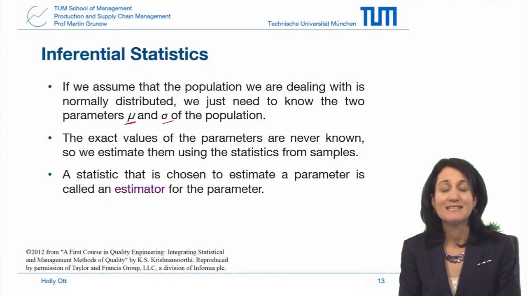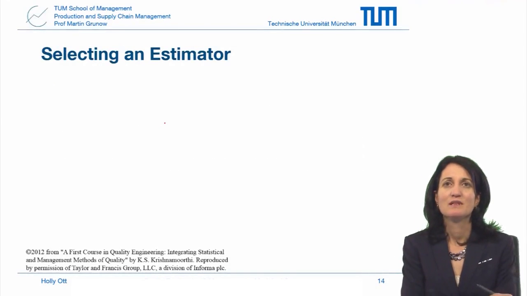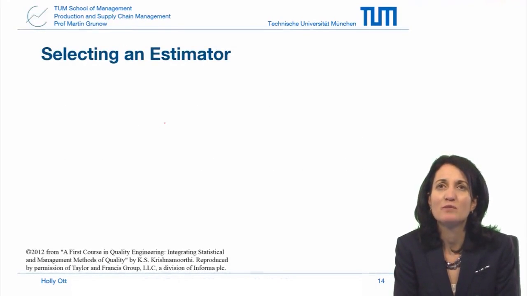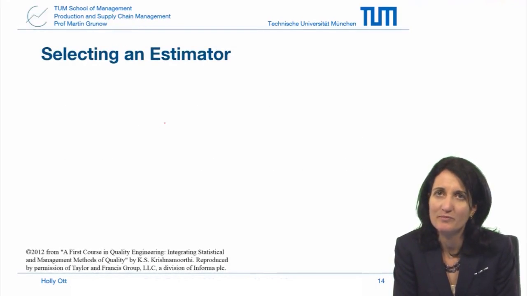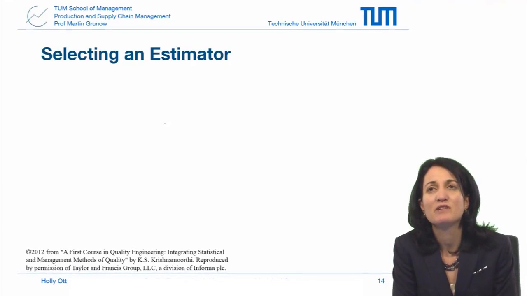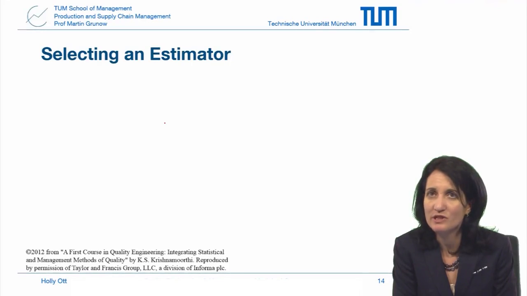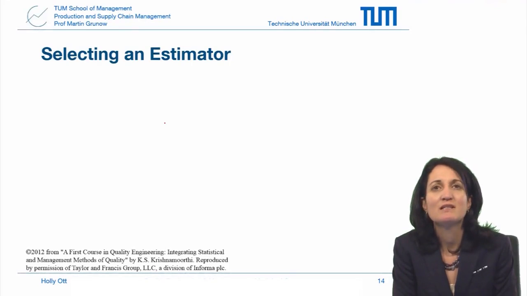A statistic that is chosen to estimate a parameter is called an estimator for that parameter. Now, a few statistics may be available as candidates for being chosen as our estimator. For example, the sample average or the median can be used as an estimator for mu, the mean of a normal population. And our sample standard deviation, S, or the sample range, we just mentioned those two, can be used as the estimator for sigma, the standard deviation of the normal population.